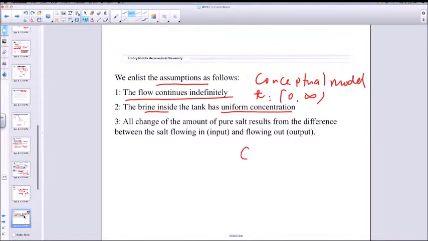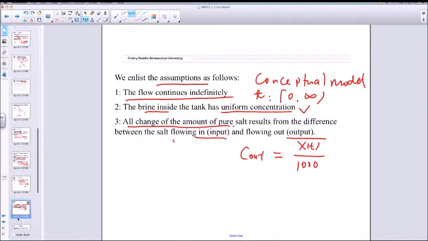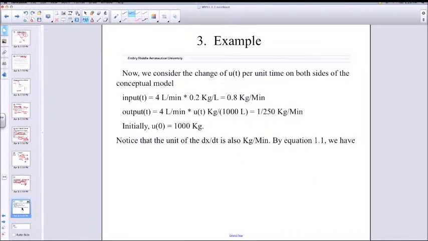That gives the concentration out equal x(t), the total salt, divided by the volume. And third, that's where the equation comes from. All change of the pure salt results from the difference between the input and the output, the flow in minus flow out. Make sense? Okay.